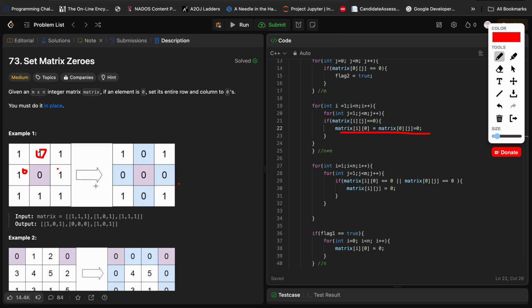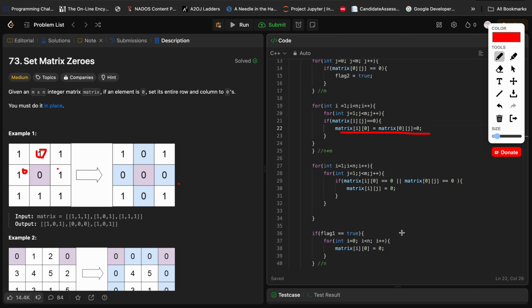Similarly, we check for i equals 1, then again iterate both row-wise and column-wise. If even one of them is 0, then we'll mark them as 0, like the case over here. If two different rows have a 0 here and a 0 here, then this would become 0 0 and 0 0. We'll check in all directions.